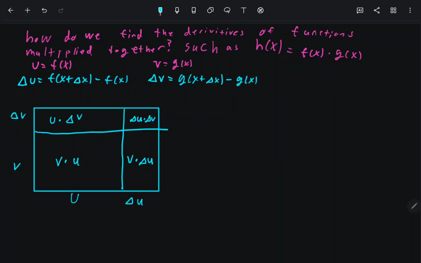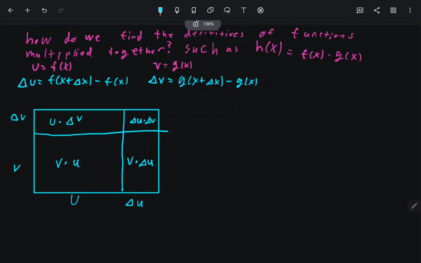Now what do we do? We're not dealing with the derivative here, we're just dealing with the change. If we want to know how this entire rectangle is changing, we need to find the area of these 3 rectangles.